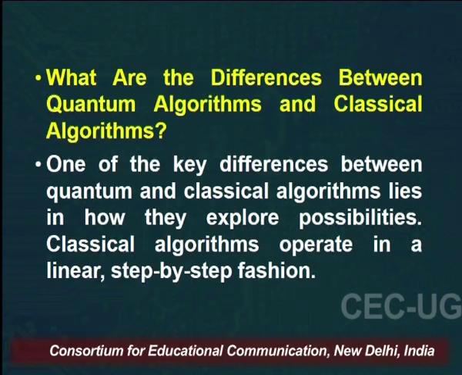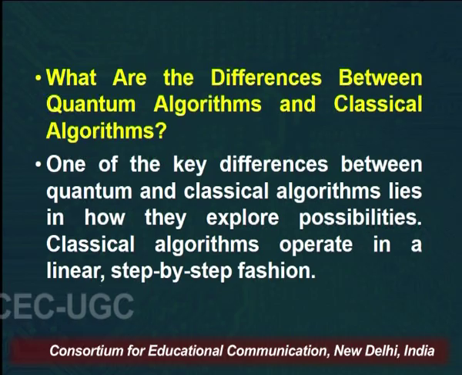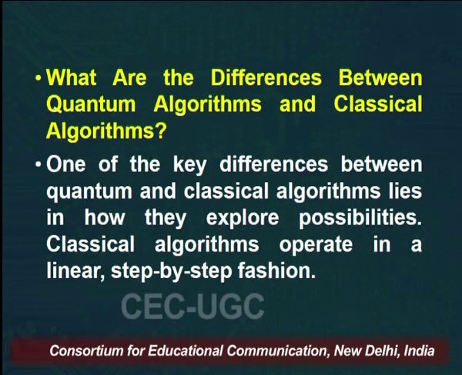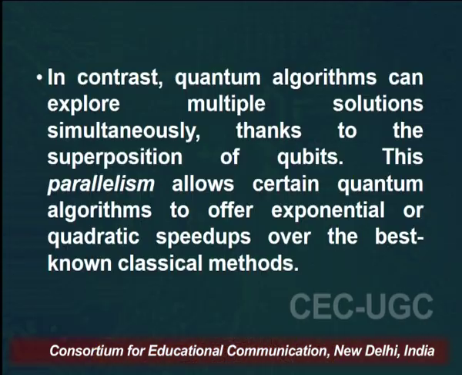Moreover, we can solve multiple correlated problems easily in the quantum algorithm, and this parallelism allows certain quantum algorithms to offer exponential or quadratic speedup over the best known classical methods. Whenever we require parallel computation for solving a problem, we require exponential or quadratic speedup over the best known classical method.